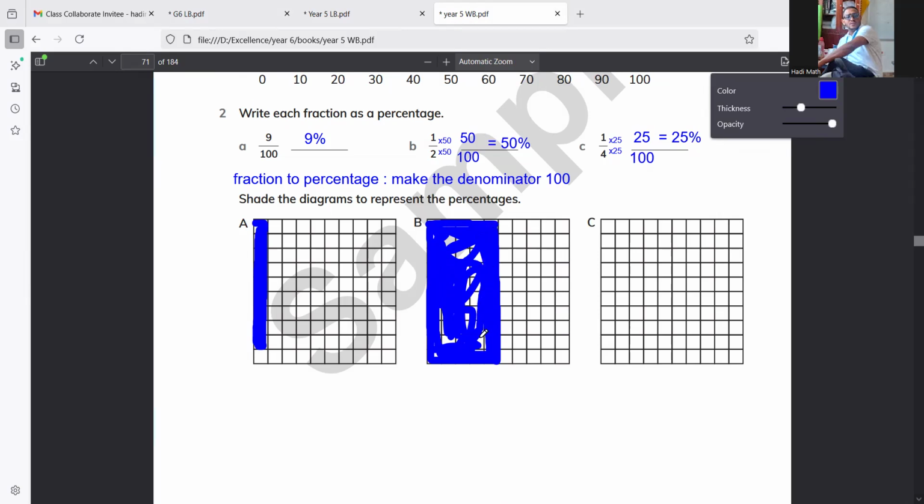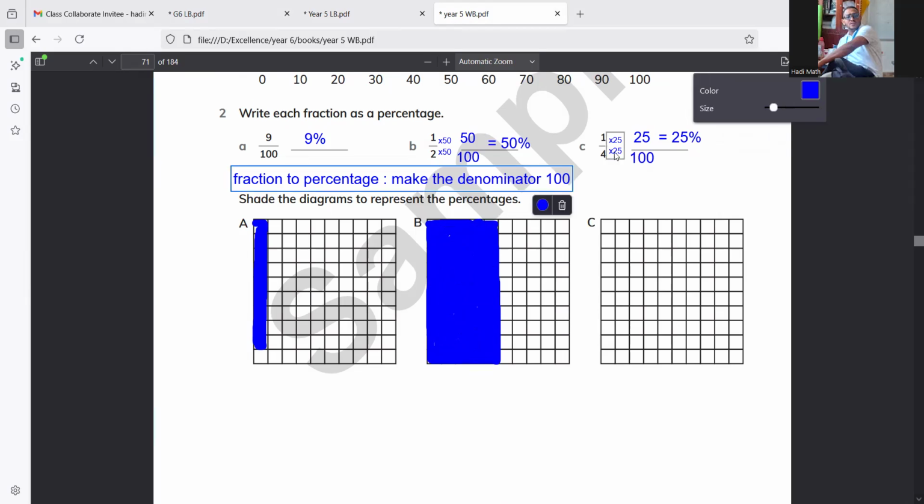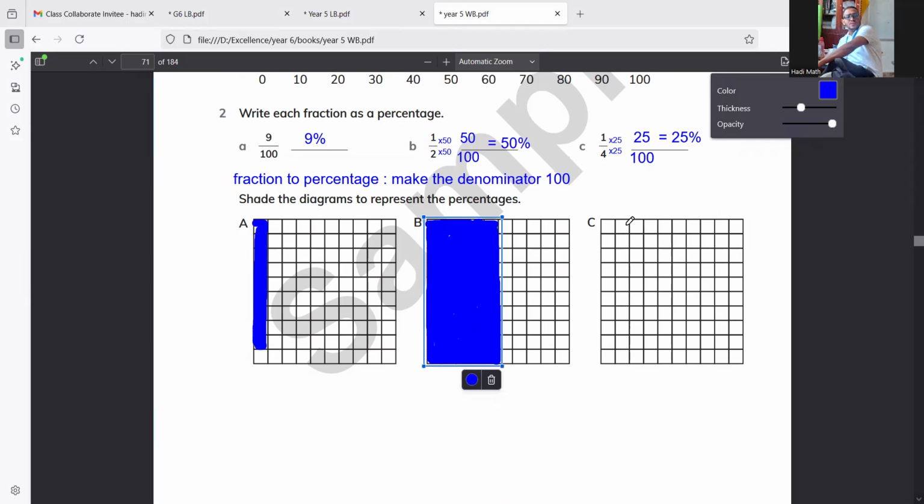The question after, we need to shade 25%. For 25%, you need to shade 2 columns and then half of the third column. You do the same idea.